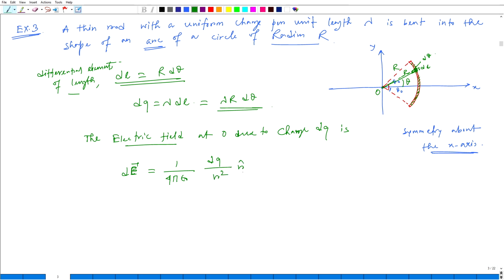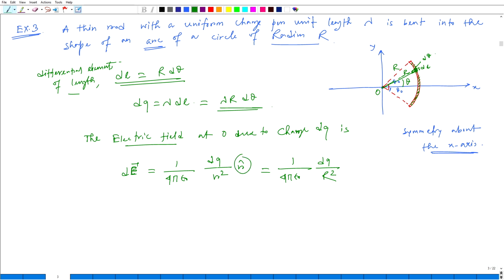This is the general form. Now what is r here? It is capital R, the radius of the arc. So dE is 1 over 4 pi epsilon naught dq over R squared times r cap.